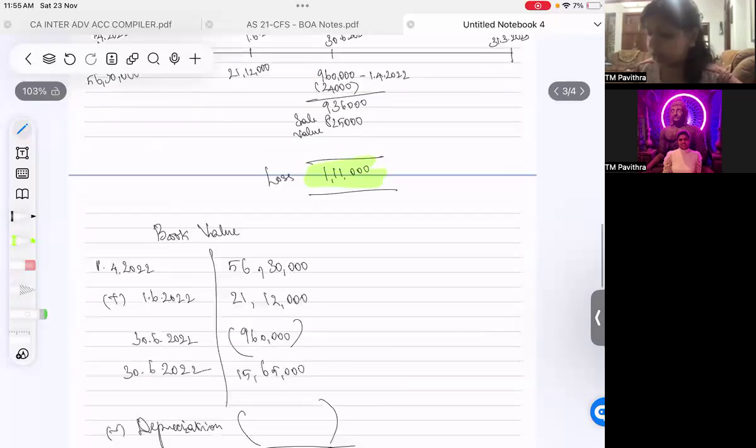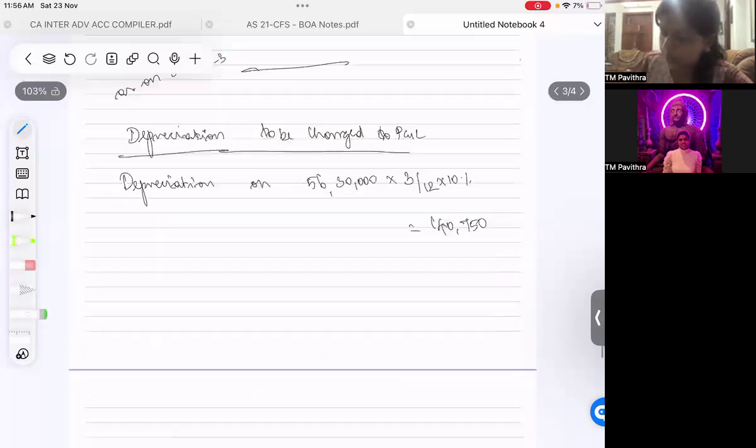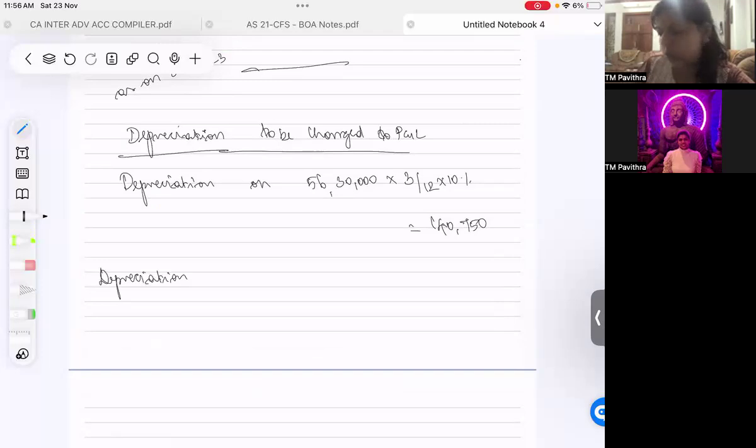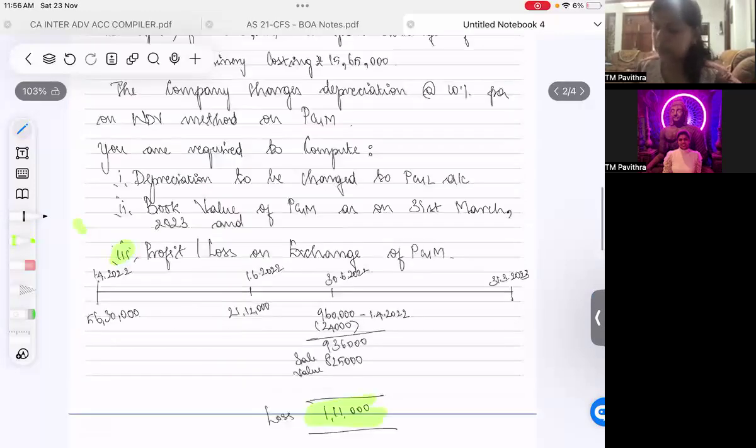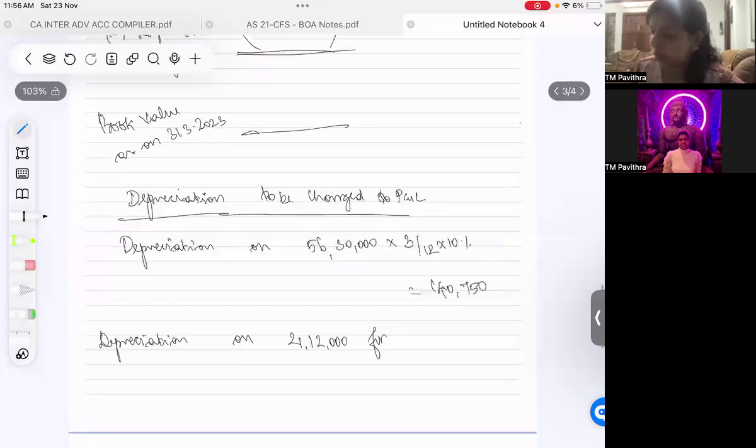So let us calculate the value of depreciation. So depreciation on 21,12,000 for how many months? We are purchasing it on 6. So 6, 7, 8, 9, 10, 11, 12, 1, 2, and 3. So this is going to be for 10 months.